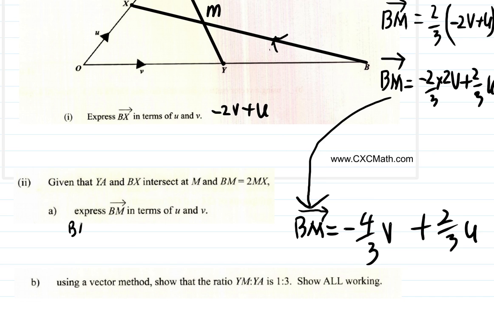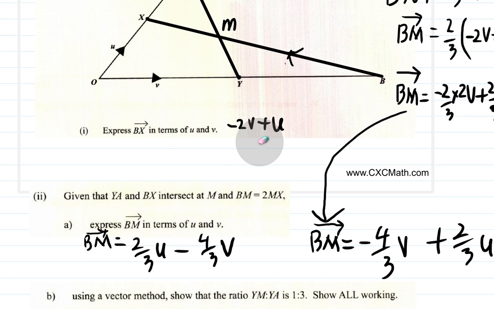So we found that BM is equal to negative 4/3 V plus 2/3 U. Although, since U comes before V in the alphabet, let's put it in alphabetical order. 2/3 U, it will be minus 4/3 V.